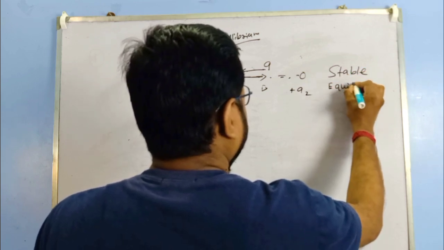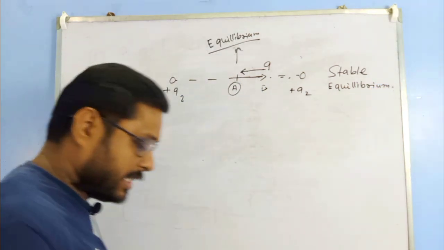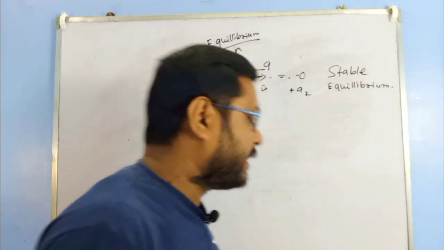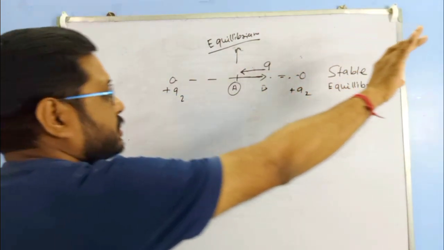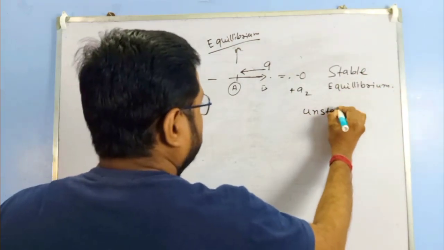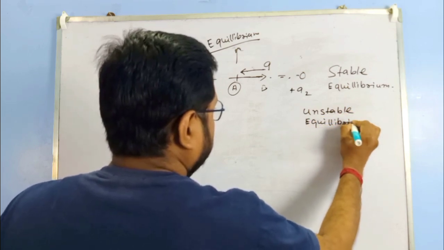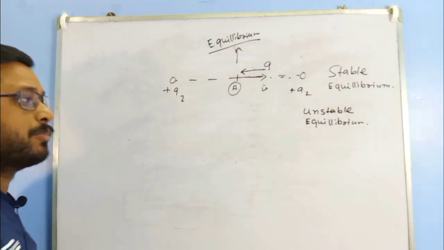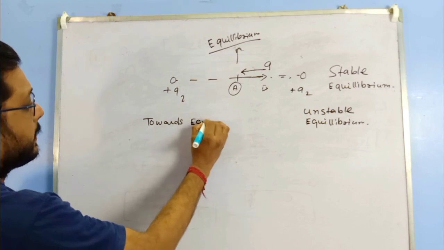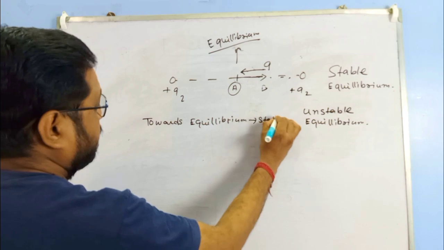That is, after displacement of the charged particle, if it returns to its original or initial position, then it is said to be stable equilibrium. And if it goes away from the equilibrium position after the displacement, then it is called unstable equilibrium. So if the particle shifts towards the equilibrium position after displacement, it is called stable.